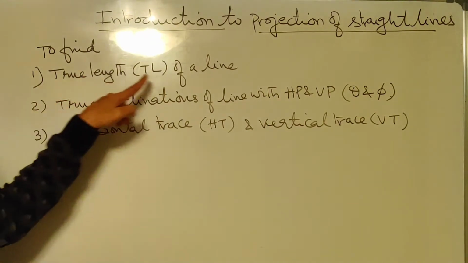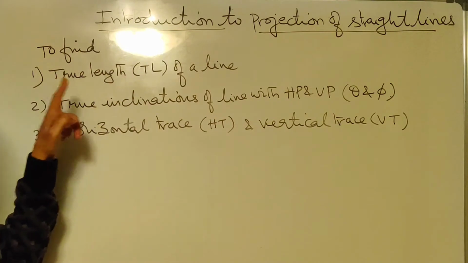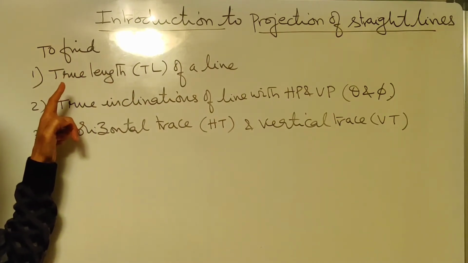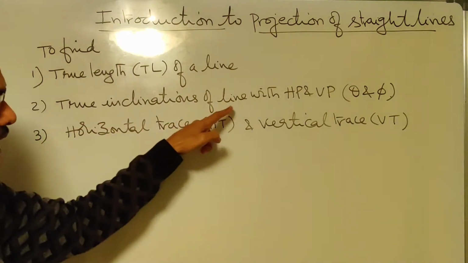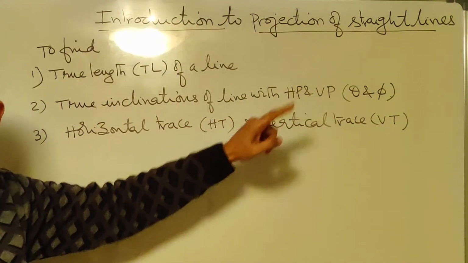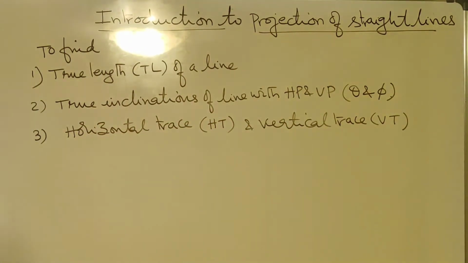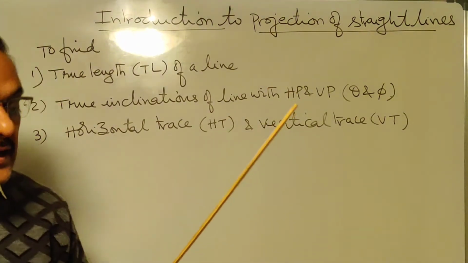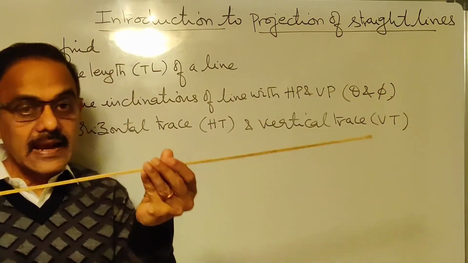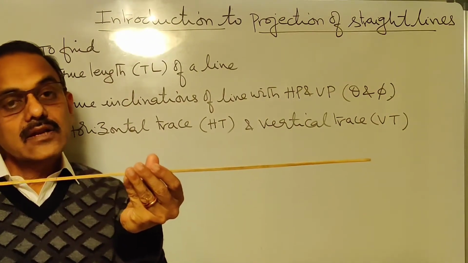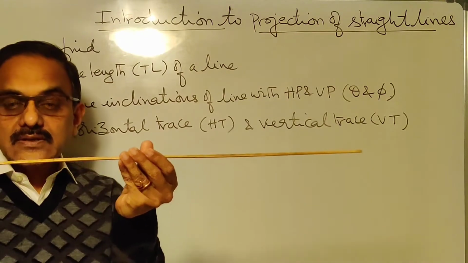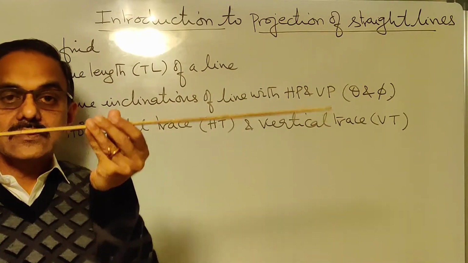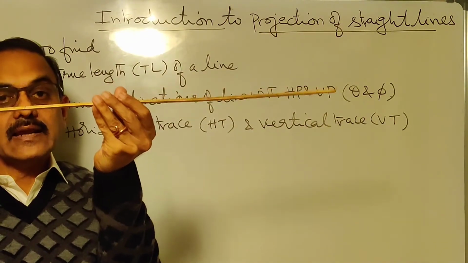One is true length of the line. What do you mean by true length? It is the actual length. Then the second is true inclinations of a line with HP and VP. Let us say this is a line. When I say line, it is unidimensional. It has got only length. That means the thickness of the line is neglected.